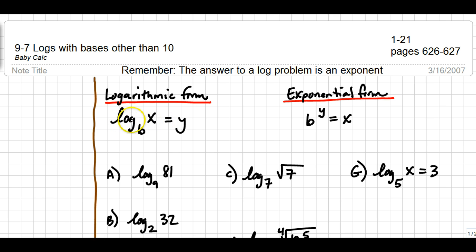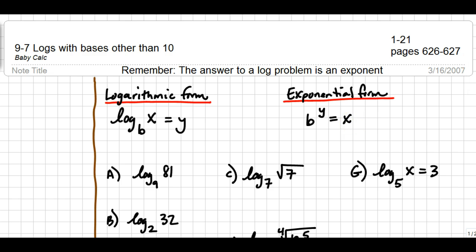When it's in log form, the exponent will be the answer, or the piece of information after the equal sign. And then there's always going to be a result. In log form, it'll just be the log of a number. So you have a number, you have an exponent, and you have a base.